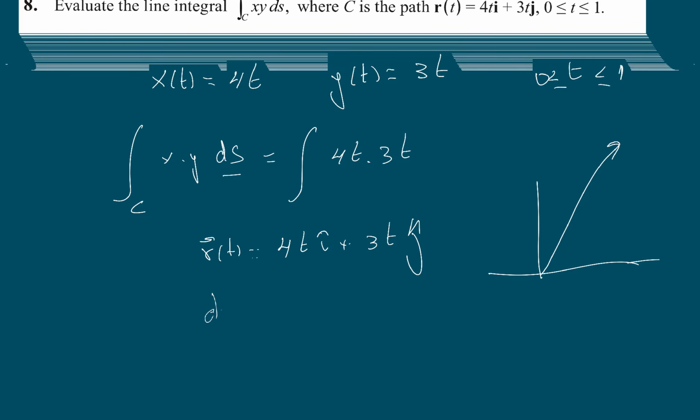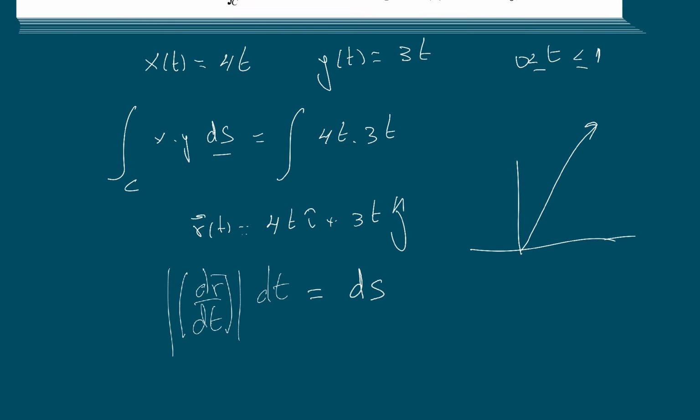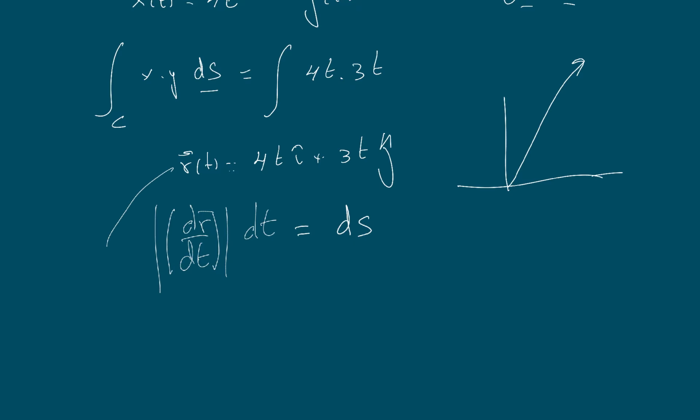ds is related to the change in r with respect to t, in magnitude. The magnitude of dr is ds. Because if I have r of t, I have the derivative of r with respect to t, that is a vector, 4i plus 3j, and this vector is tangent to the trajectory.